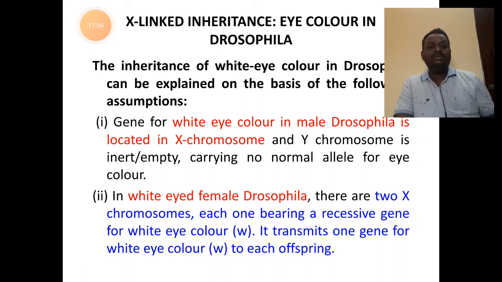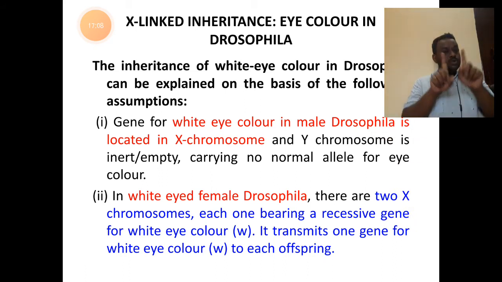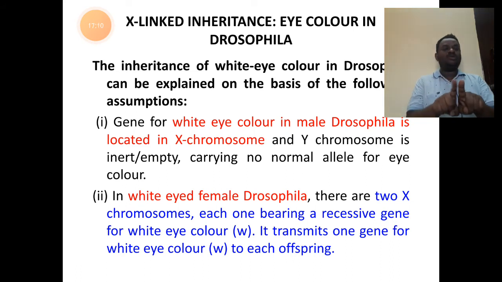Now, the white-eyed female Drosophila showed two X chromosomes. Both the X chromosomes had the white eye gene in the recessive form. First thing, we have understood that the X chromosome had this white eye gene, and this gene is in which form?